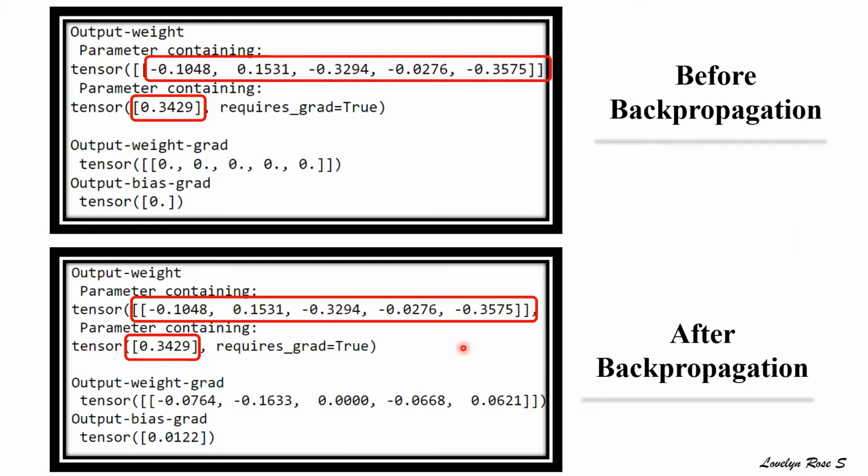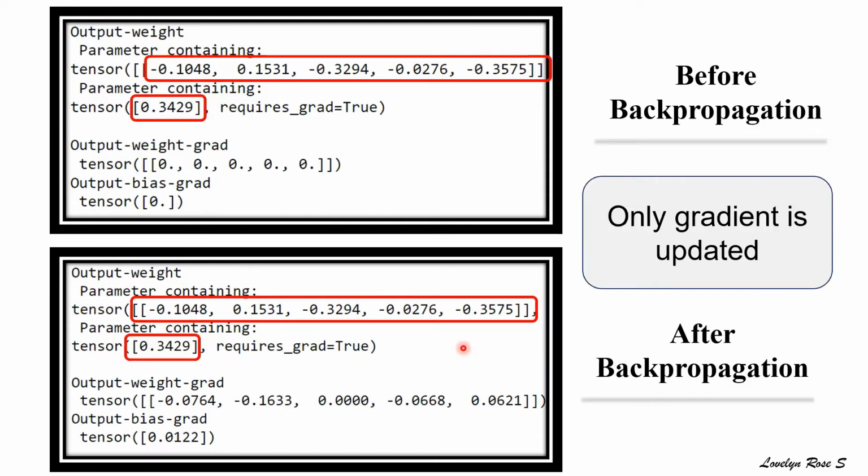Let's also look at what happens in the output layer. Before and after back propagation, the weights and the bias remain the same, but the gradient has changed. In other words, loss.backward finds the gradient and updates all the gradients for the different parameters in the model.